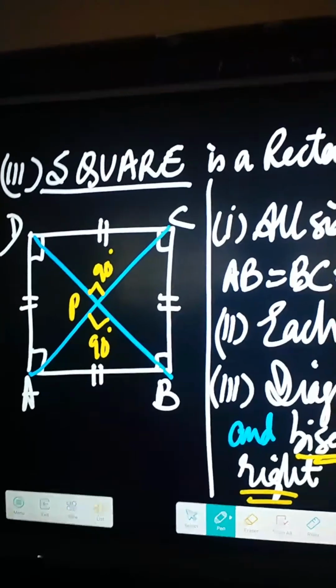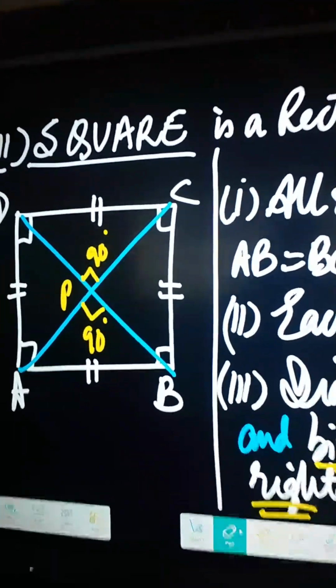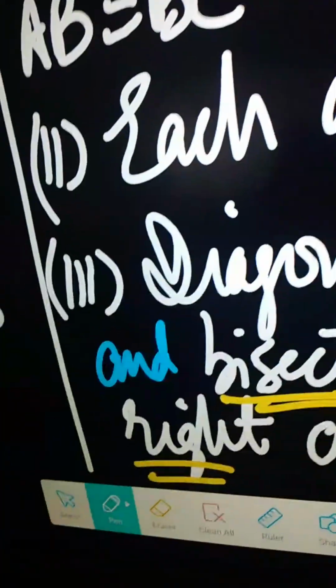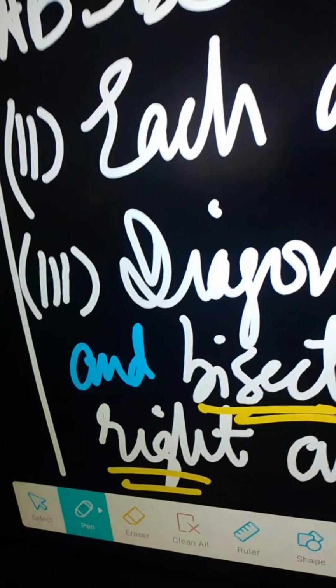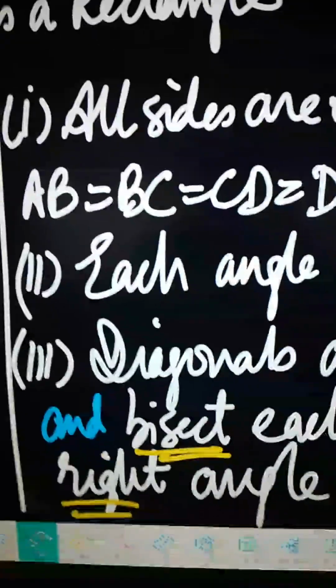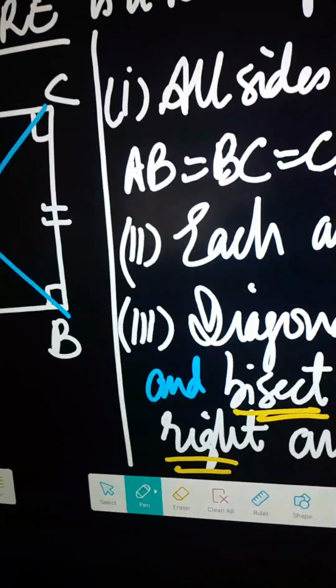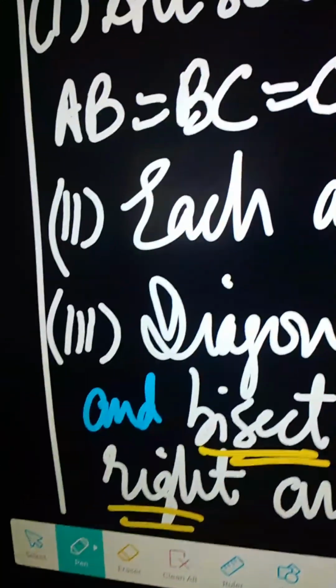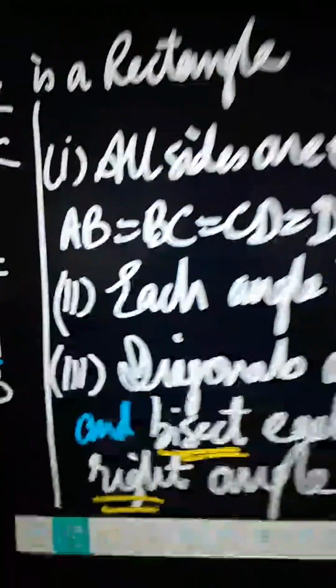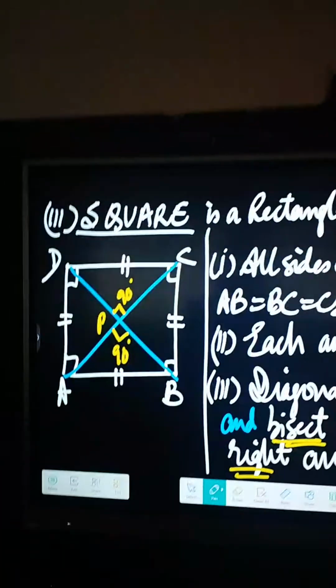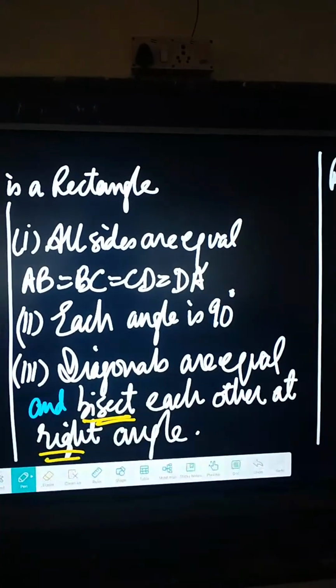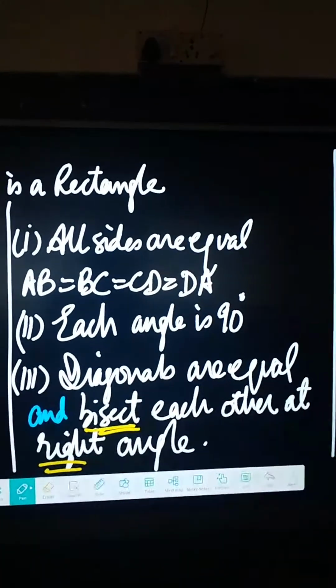In a square also the diagonals bisect each other. We read this. In a square diagonals are equal and they bisect each other at right angle.